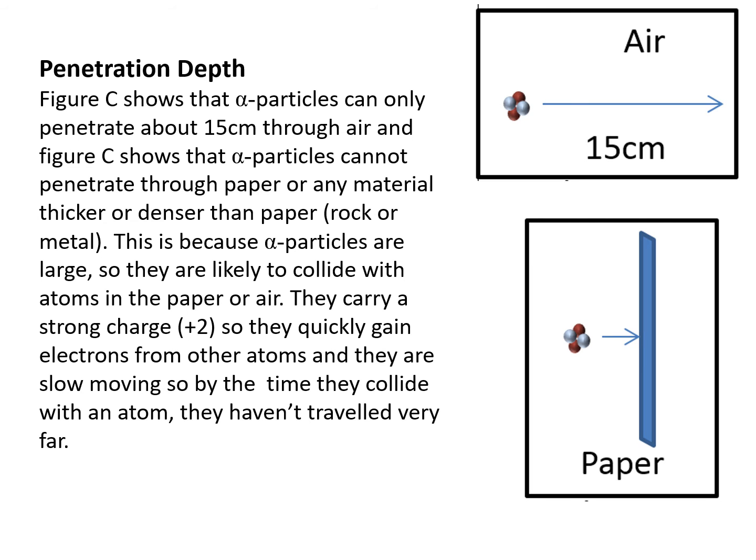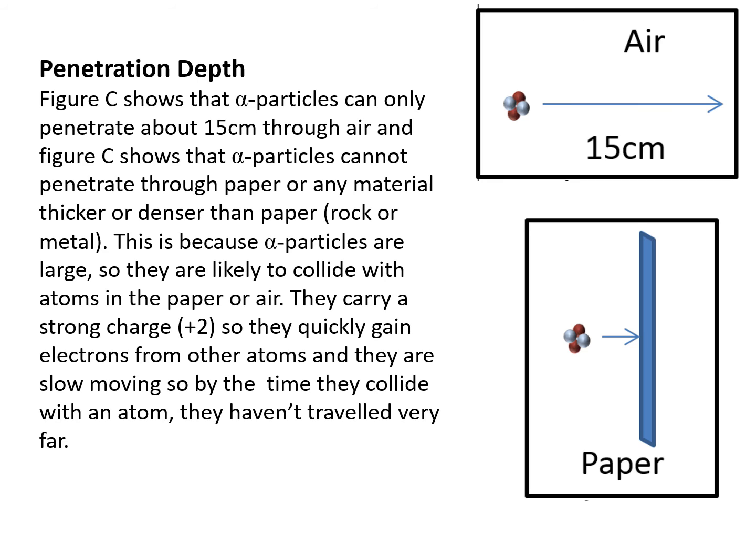Now let's look at penetration depth of an alpha particle. Figure C shows that alpha particles can only penetrate about 15 centimeters through the air. And figure C also shows that alpha particles cannot penetrate through paper or any material thicker or denser than paper, such as rock or metal or even human skin.